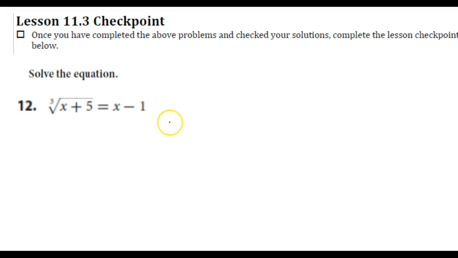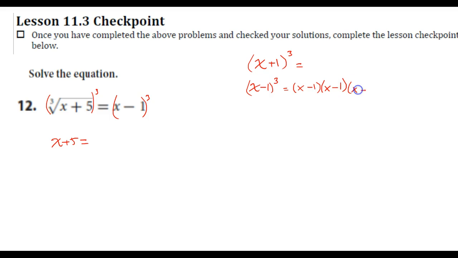And the last one here, we have the cube root of x plus 5 equals x minus 2. The way we're going to get rid of that is to raise both sides to the third power. And that would be x plus 5. Now, we did something similar in the last problem where we wrote x minus 1 to the third power, which is essentially x minus 1 times x minus 1 times x minus 1.